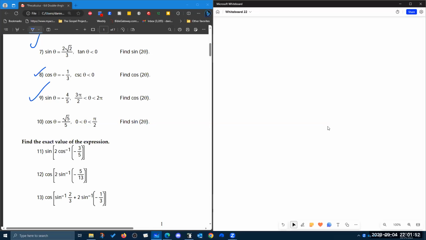One more here. Cosine is positive. I'm in quadrant 1. 1 over root 5. This is 2.